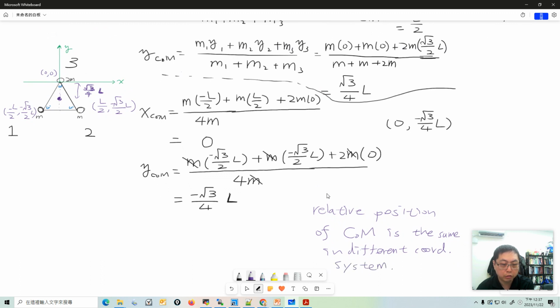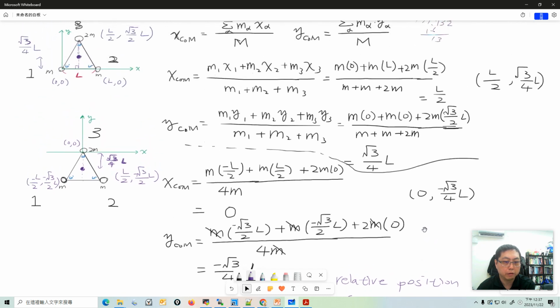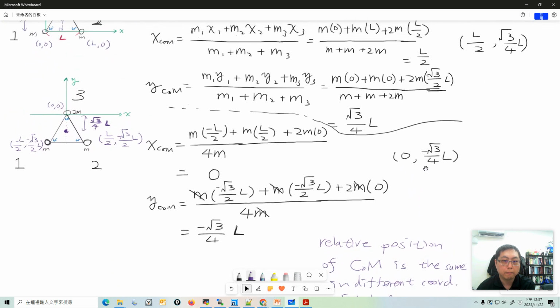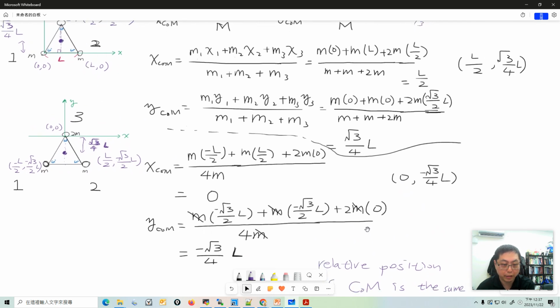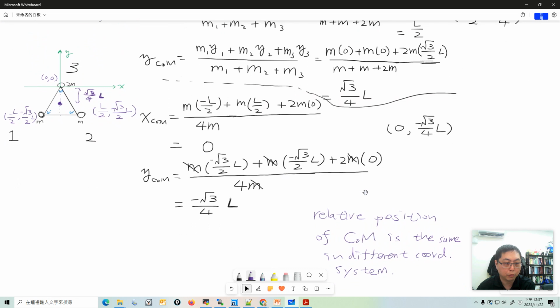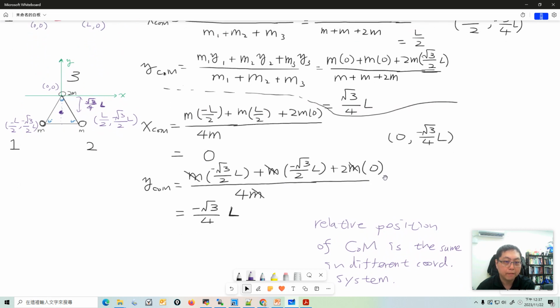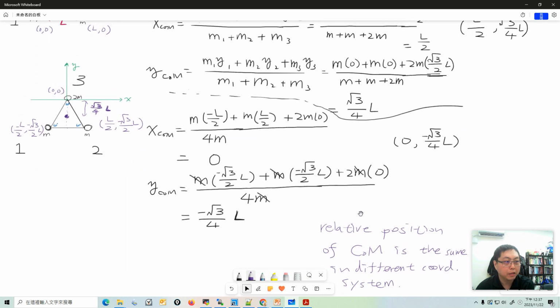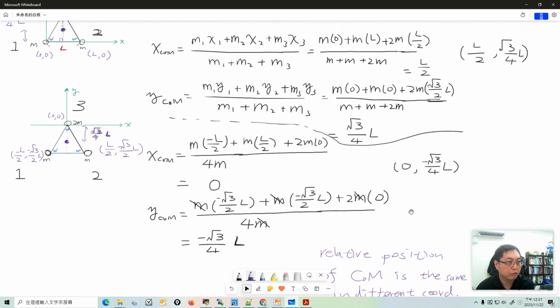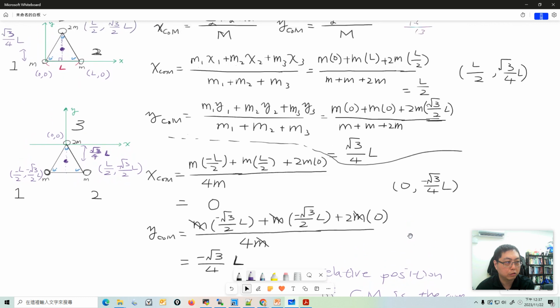In different coordinate systems the values are not the same, but the relative position is the same. That's a very important concept. The coordinate values of the center of mass differ, but their relative position to each particle is the same in different coordinate systems. That's why I wanted to show this example.